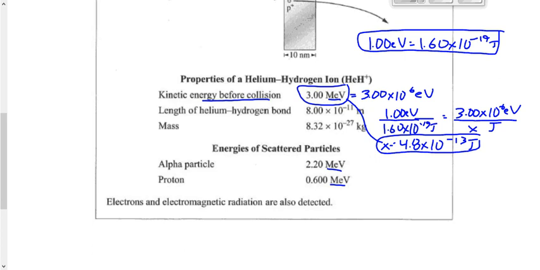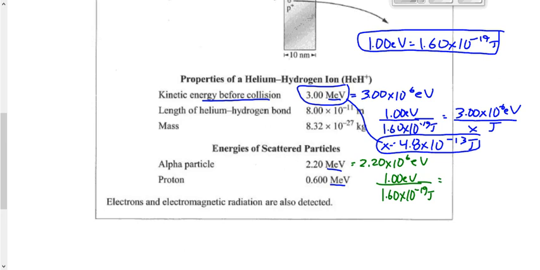Similarly, if we want to convert 2.2 mega electron volts to joules, we want to first convert that to electron volts. 2.20 times 10 to the 6 eV, and then I want to set up the same ratio. 1.00 eV is equal to 1.60 times 10 to the minus 19 joules. That's on our data sheet.